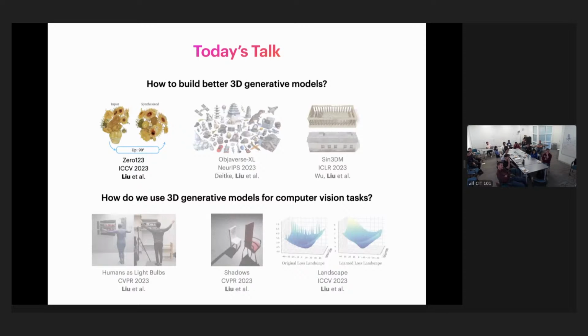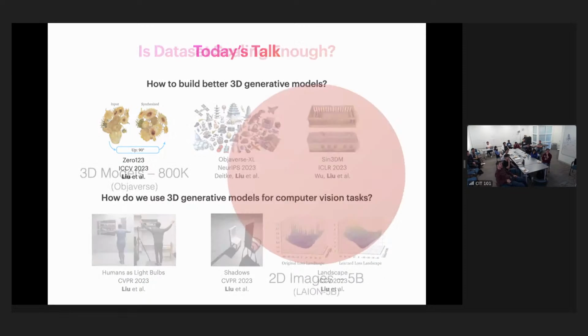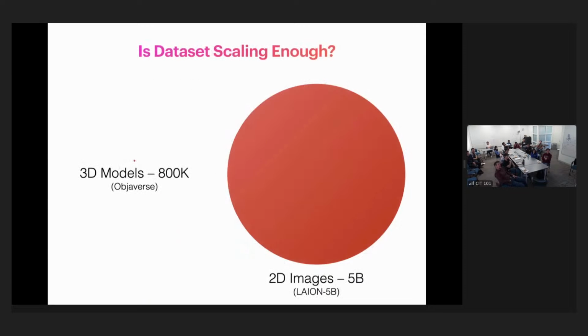I want to talk about the main work I want to share today, which James was mentioning, Zero123. The question I want to ask here is, is dataset scaling enough? We compare the biggest 3D dataset today, Objaverse or Objaverse-XL, and the biggest 2D dataset today, which is around 5 billion.